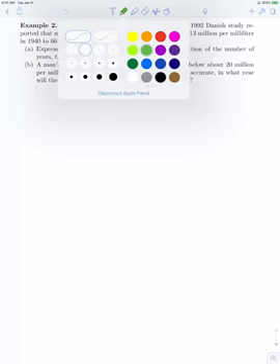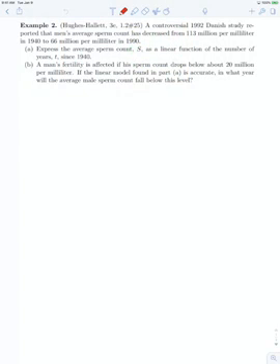Okay, so let's start by highlighting the most important numbers. So 113 million per milliliter in 1940 and 66 million per milliliter in 1990. And then we're being asked to find S as a function of T.